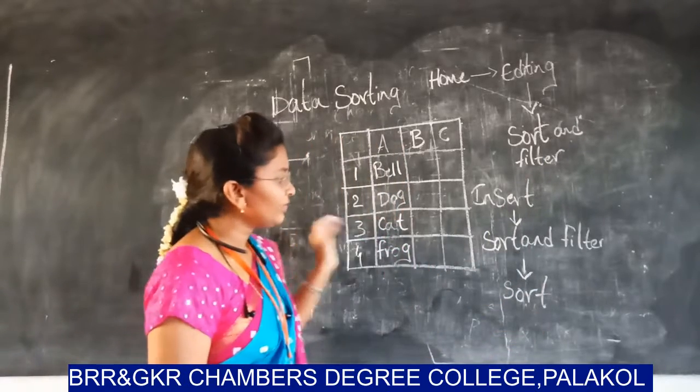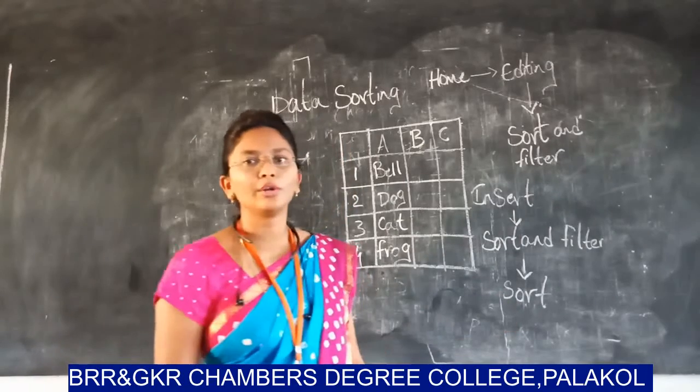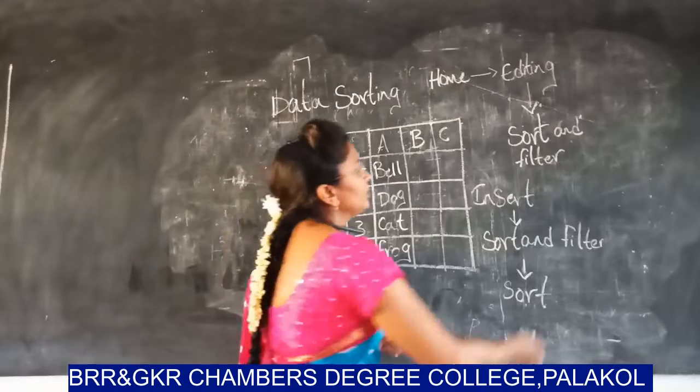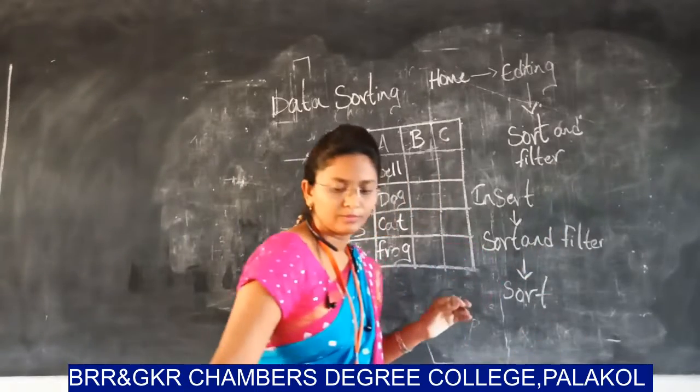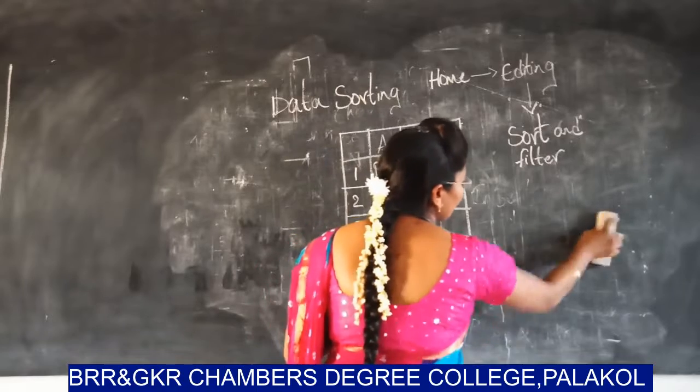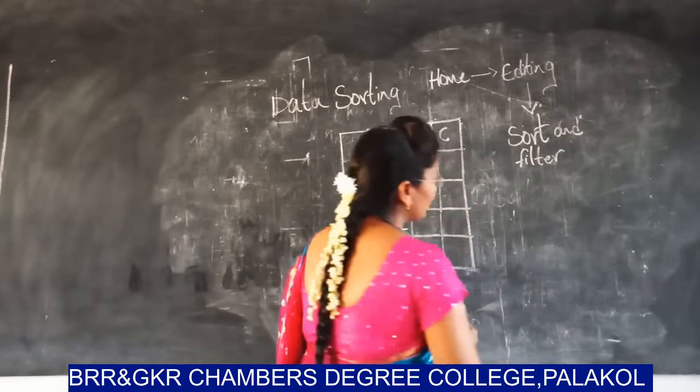If you click on this sort option, then automatically a few options will appear on your screen. What are the options?